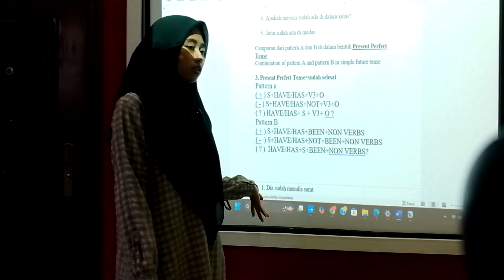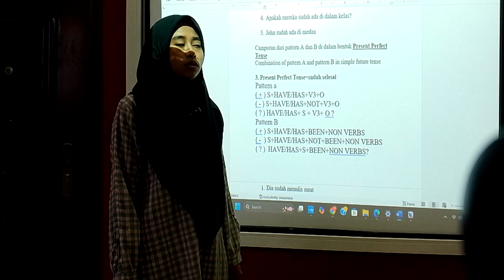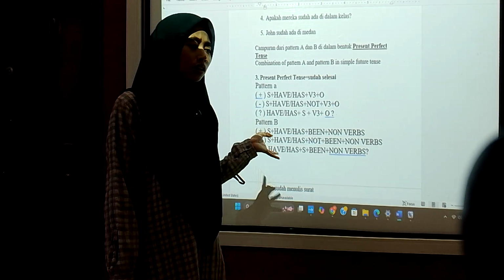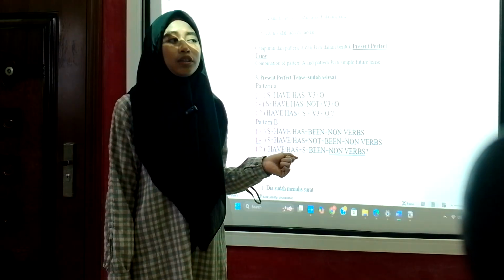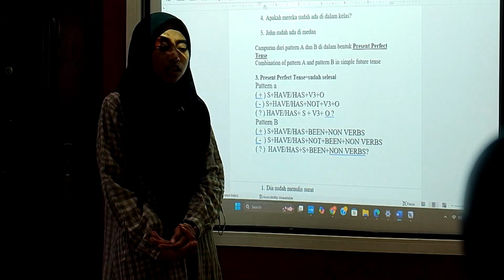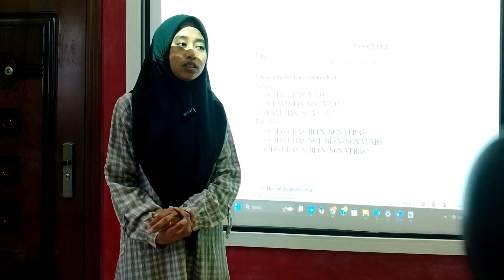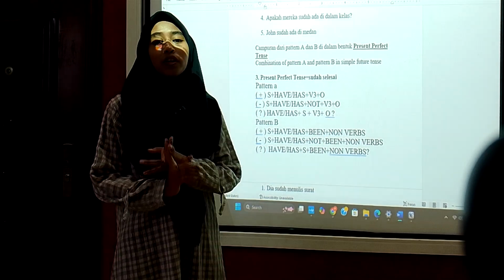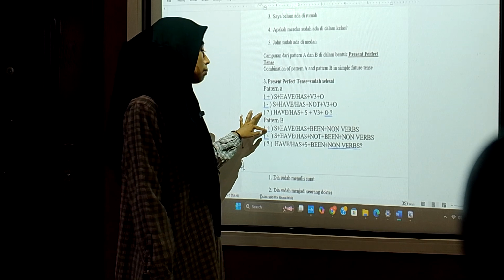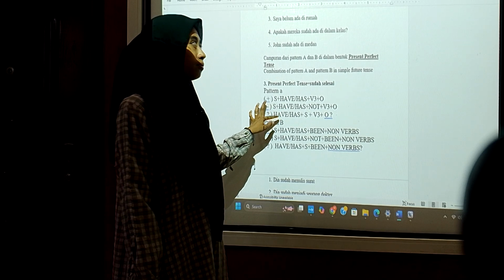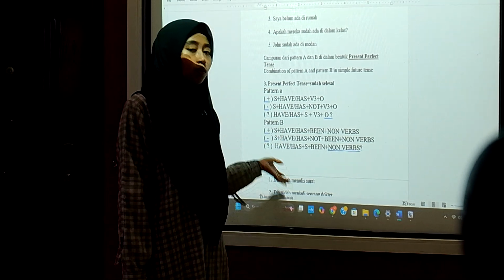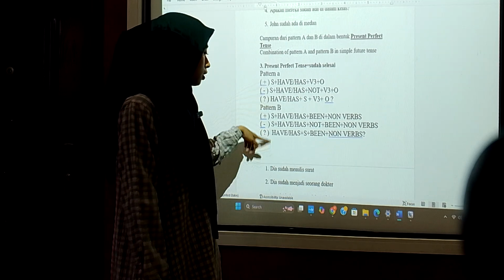After finishing, I open the translation book and review a little bit about the present perfect, and ask them what the differences are between pattern A and pattern B. And then I told them this one we have pattern A and pattern B, it means you will find a mixed pattern here. So I explain the formula again, and then I go to the questions.